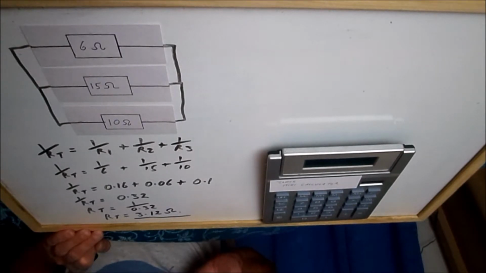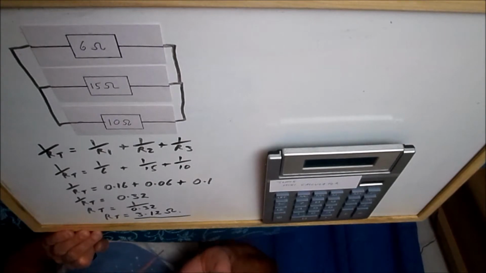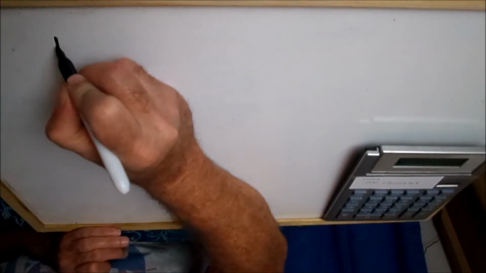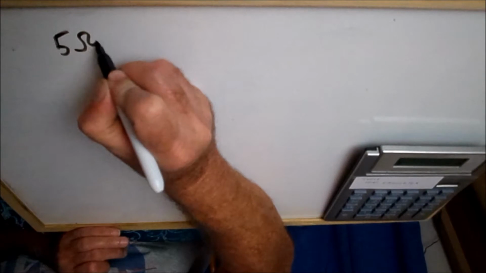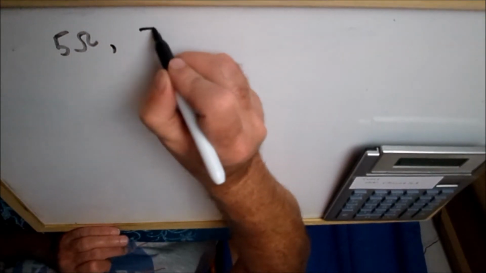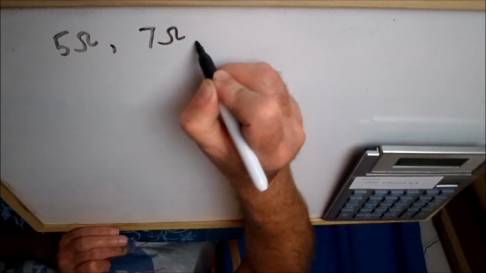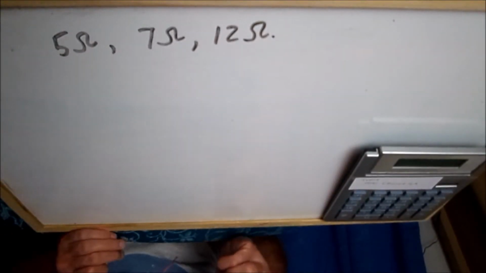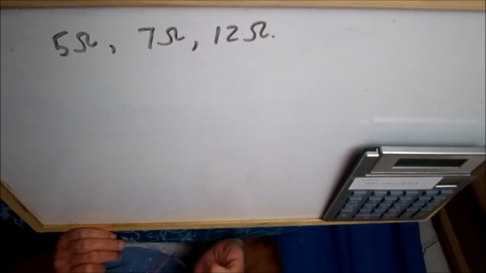Now what I'm going to do is give you an example for you to do yourself. What I want you to do is have a try of this. So if we have 3 resistors of values 5 ohms, 7 ohms and 12 ohms, what I want you to do is draw the circuit and do the calculations of these resistors, first of all connected in series and then connected in parallel.